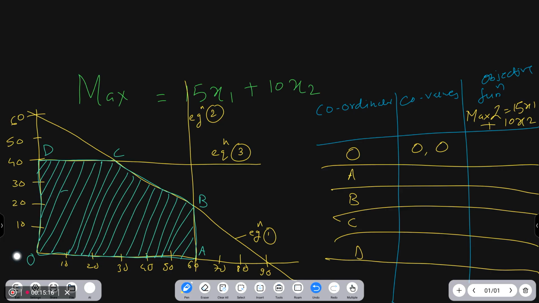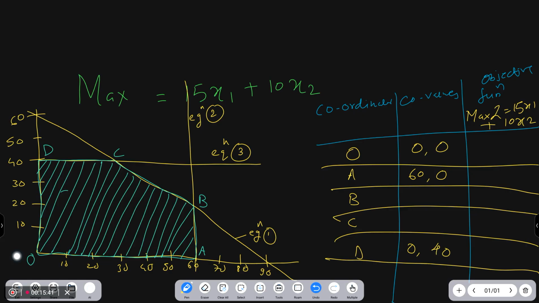What is A? X is 60 and Y is 0. B and C are unknown. D is 0 and 40, because we always take the X value first.